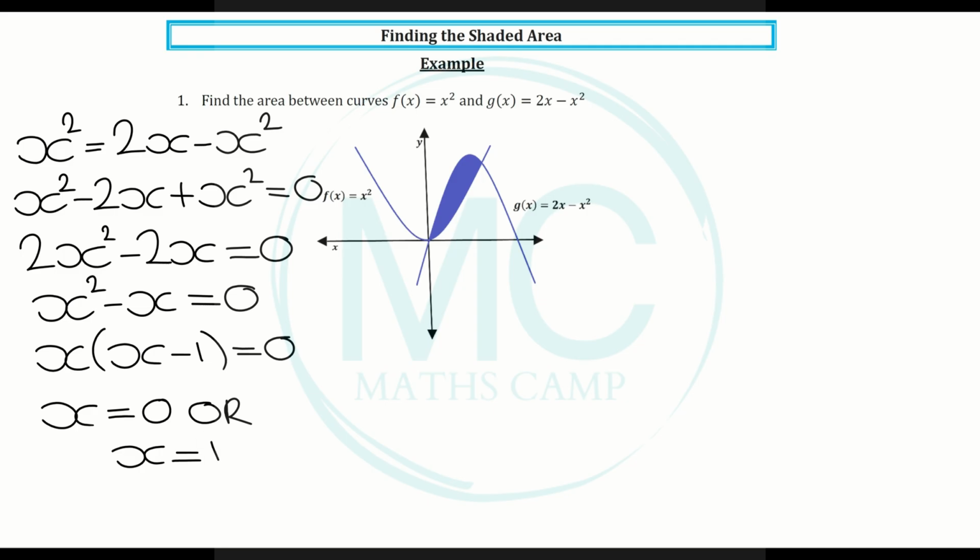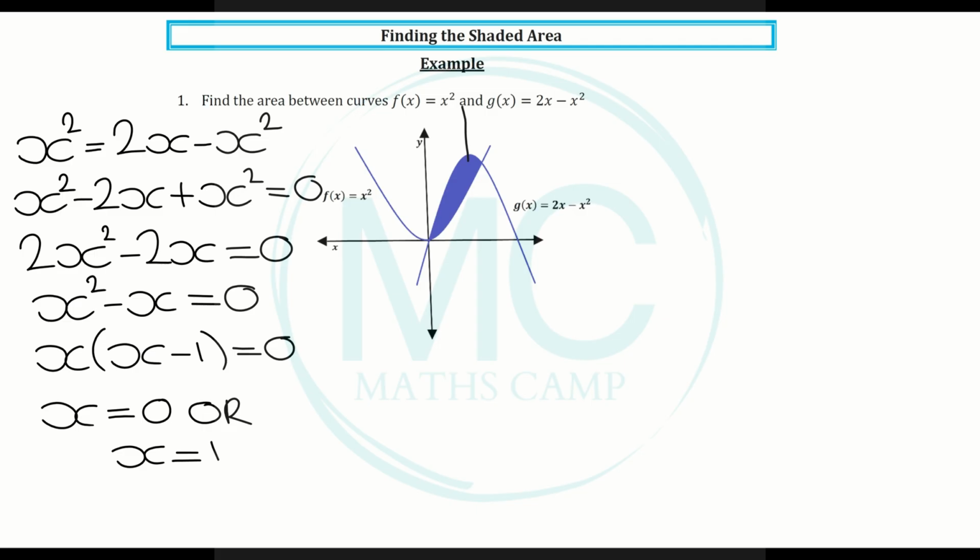Now, in the diagram, it is not always easy to see which graph lies above the other. An easy way to help with this is take your pen, put it at the top of the diagram, and draw straight down. We can see the graph g of x lies above f of x. So the next step is to subtract f of x from g of x.